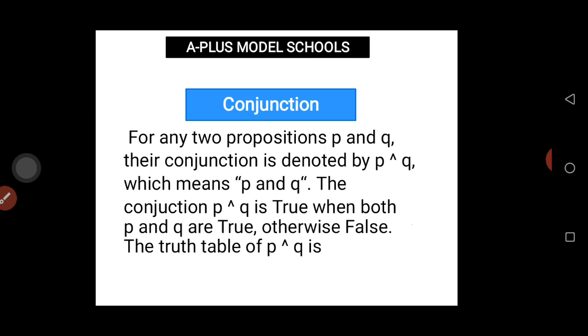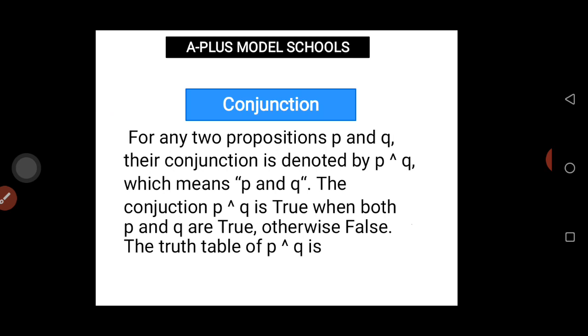So under conjunction, the rule is when statement P is true and statement Q is true, then the conjunction will be true. Otherwise, if either of the two is not true, then it is regarded as false.